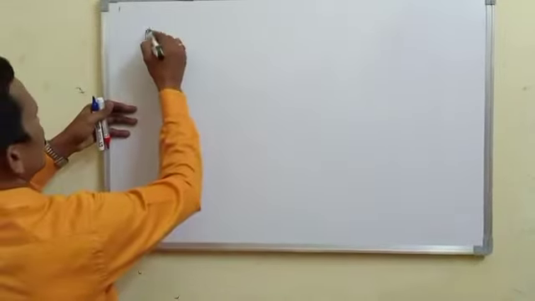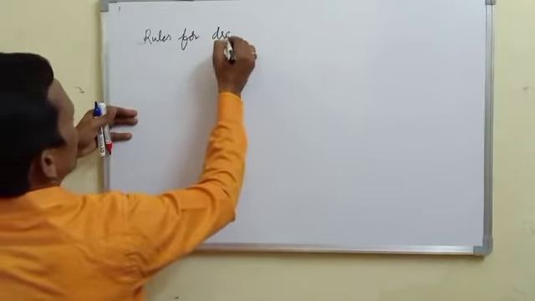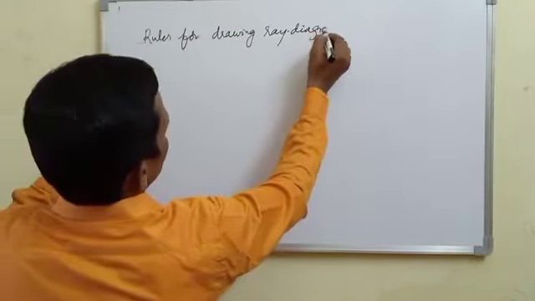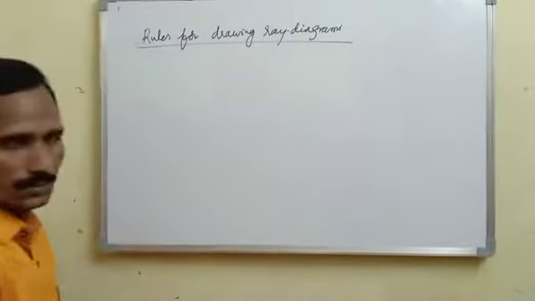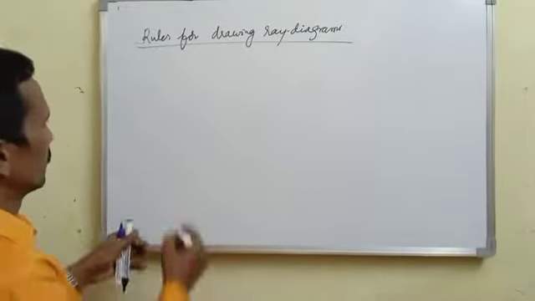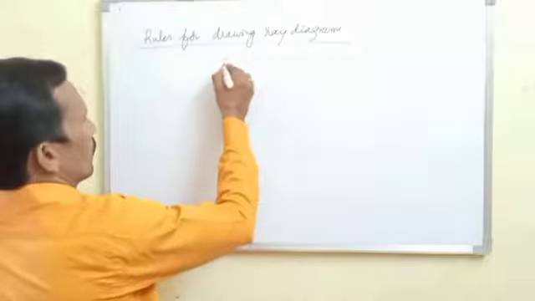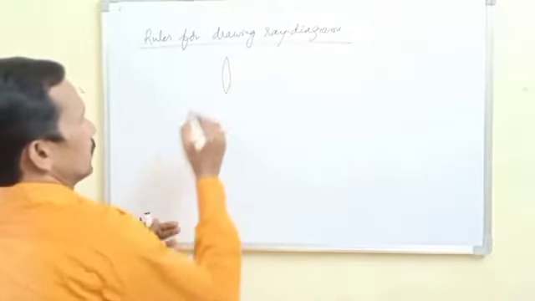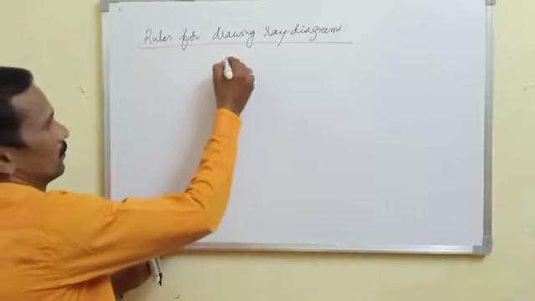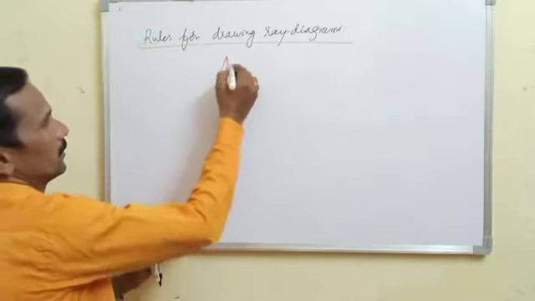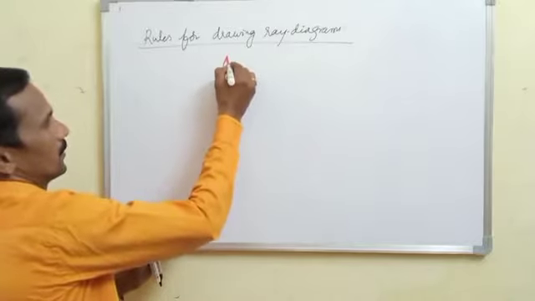Rules for drawing ray diagrams. Let us observe. For thin lenses, this convex lens is shown like it is bulging outside, thicker.